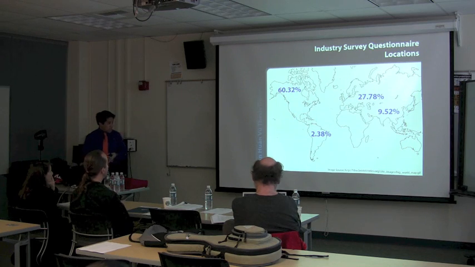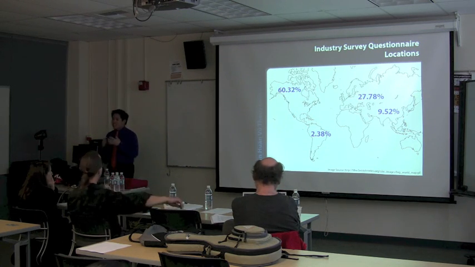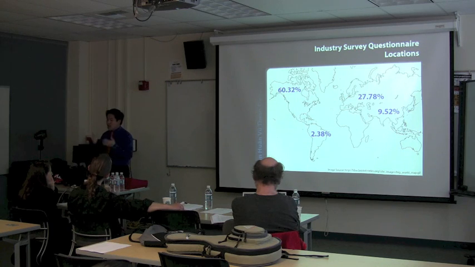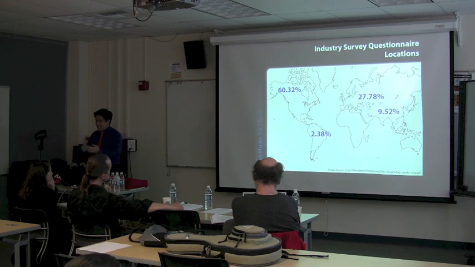At this point, I am very disappointed that I didn't get anybody from Africa, Australia, or Antarctica who answered my survey. A highlight, just to mention, is that 40% of the respondents were outside of North America. This is very important to me because, again, software was developed by Americans for Americans back then. And the fact that there are people outside answering, looking in, is very, very nice.